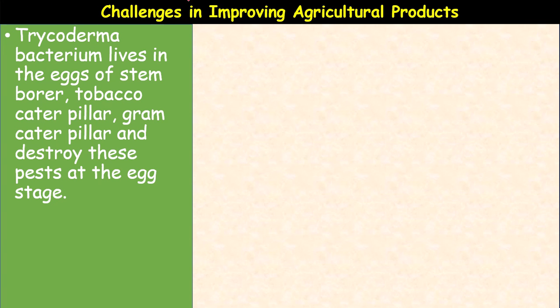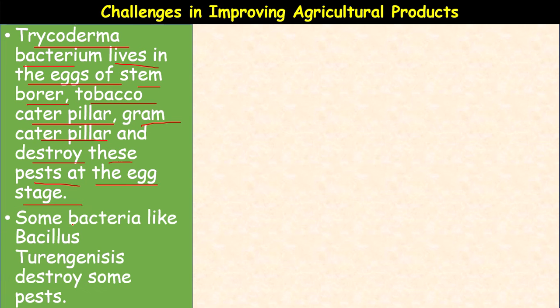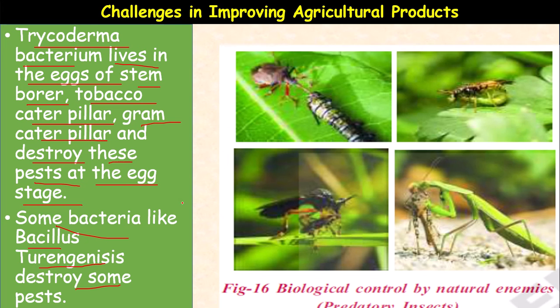Another one, a bacteria by name Trichoderma. Trichoderma lives in the eggs of stem borer, tobacco caterpillar, and gram caterpillar, and destroys these pests at the egg stage itself. Some bacteria like Bacillus thuringiensis also destroy some pests.